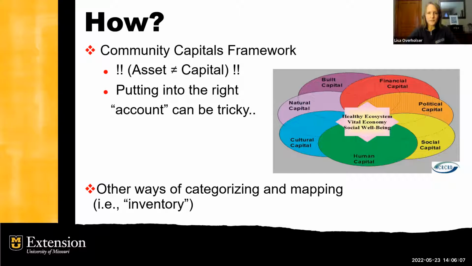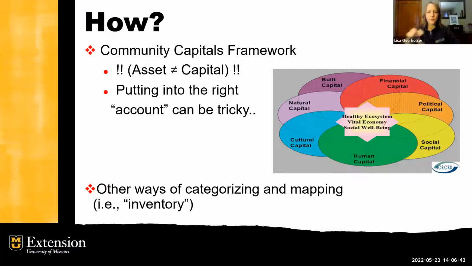So I'm going to talk a little bit about the how, and the way that we conduct assessments, the asset mapping, is we try to use a community capitals framework. I think that probably most everybody who's tuned in knows what that is, but just as a refresher, this is a framework where you're identifying different community capitals, and there are 7 pictured here: built capital, financial capital, political, which I like to call civic capital, social capital, human capital, cultural capital, and natural capital.